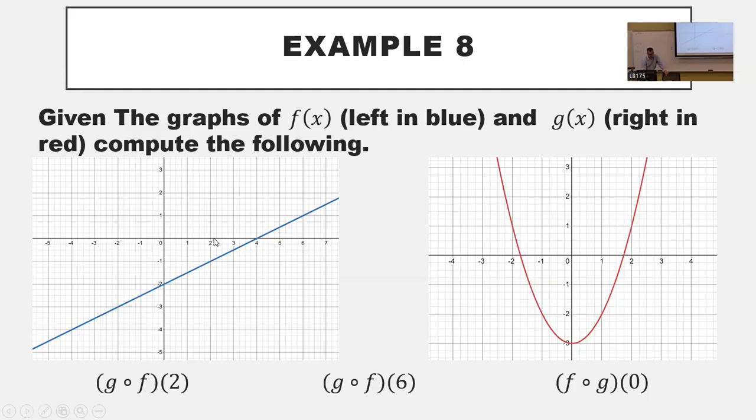But f sends 2 to -1. And then I say, well, where does g send -1? G sends -1 to -2. So therefore, g of f of 2 becomes a -2.